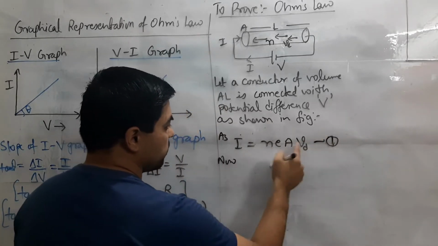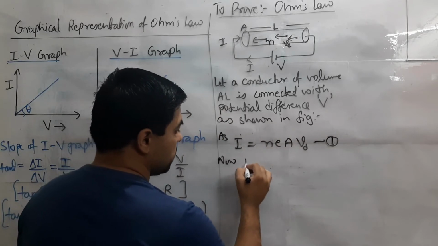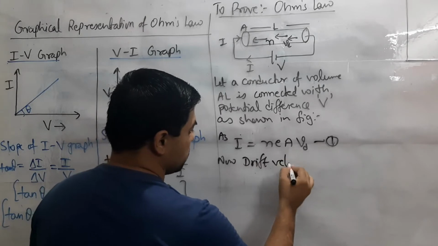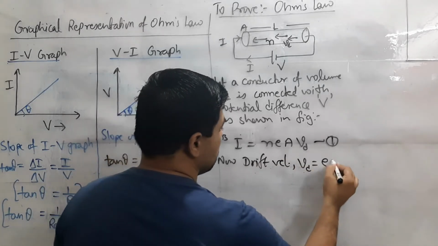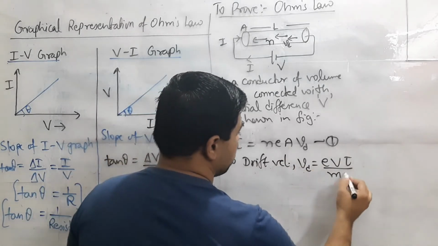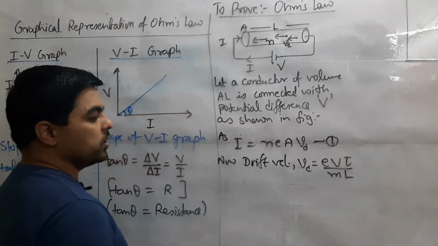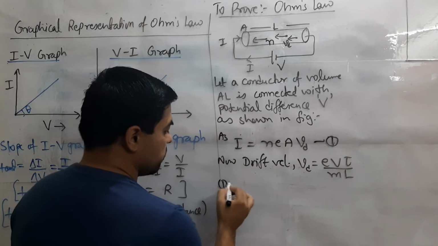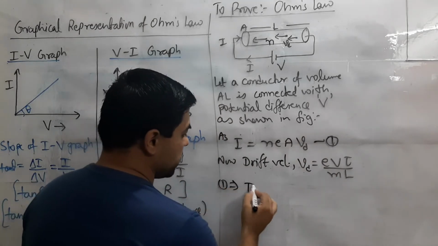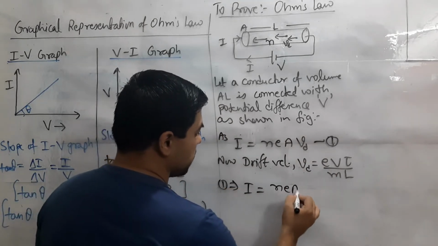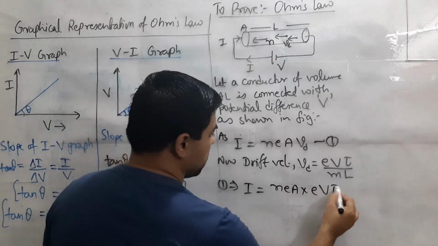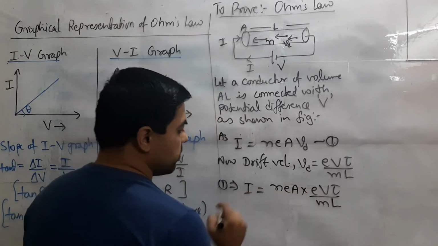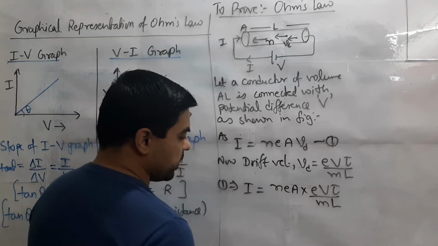Now putting in the expression for drift velocity, Vd equals e V tau upon m L. We have already proved this relation, and putting this value in equation number 1, we get I equals n e A times e V tau upon m L. Then e and e in multiplication give e squared.